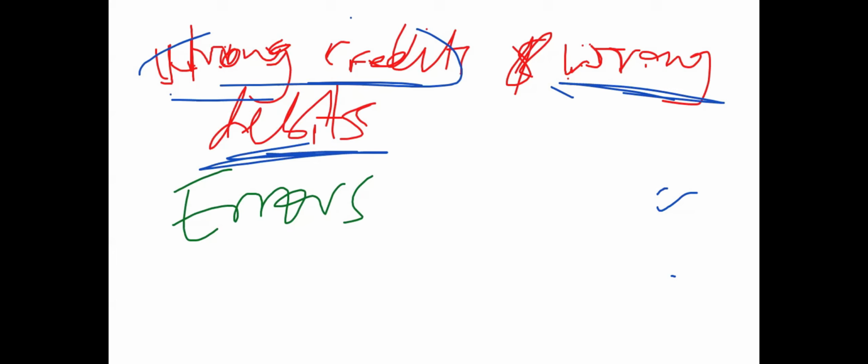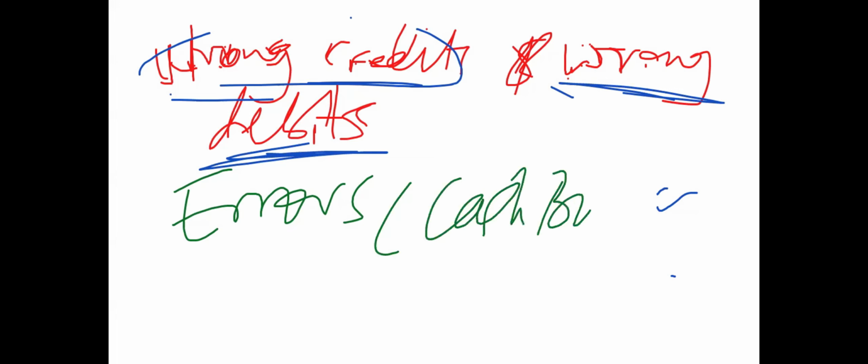But one key thing I want you to note is that when the errors are committed by the accountant in the cash book, they are committed by the accountant of the business, and they are now in the cash book, then you have to take note that error can happen on the debit side or on the credit side of the cash book.